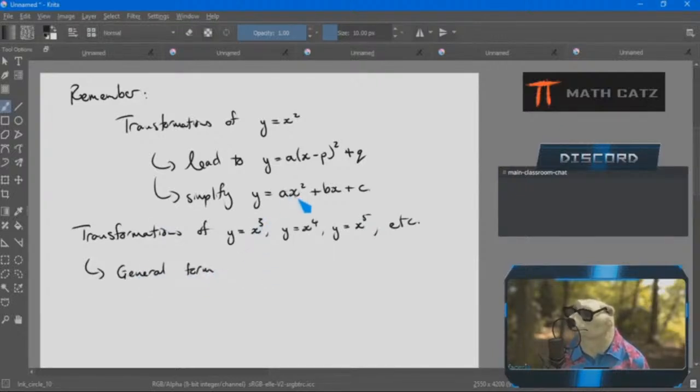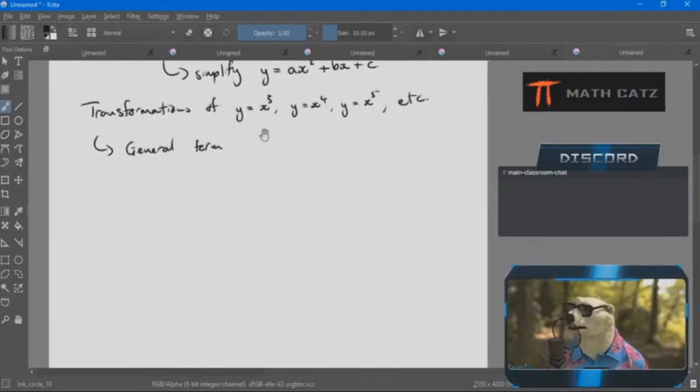Well, of course, the leading term, the highest power of x, depends on which one I started with, sure. But in general, let's suppose we work with y equals x to the n. I don't know which one. It could be any one of those.